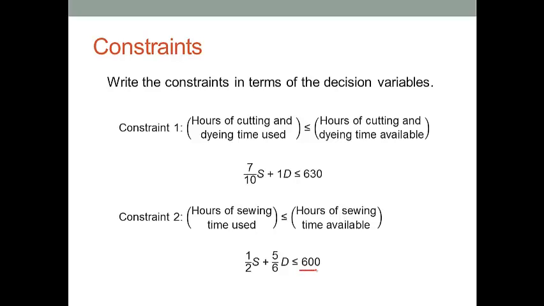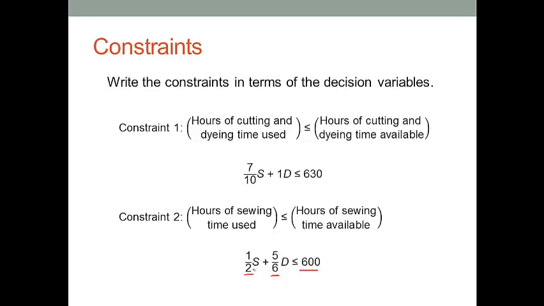In the sewing department, the total available labor hours is 600. It takes the department 0.5 hours to process one standard bag, about 0.8 hours to process one deluxe bag.